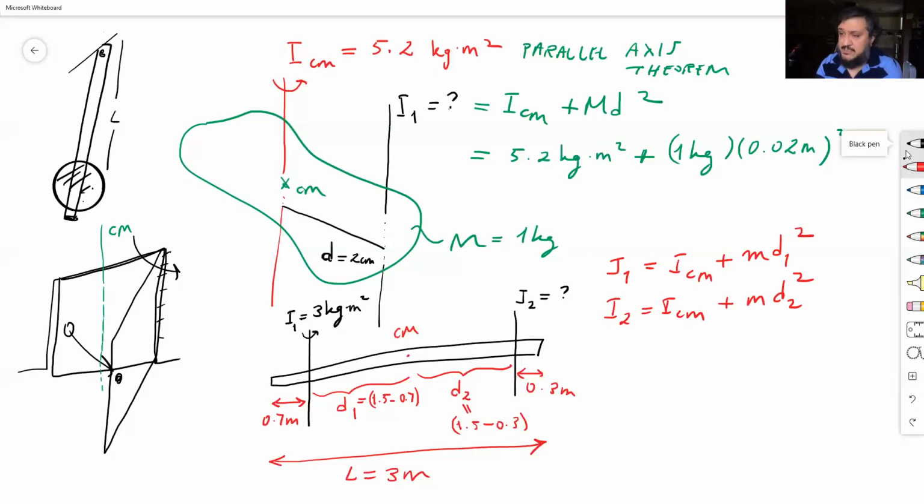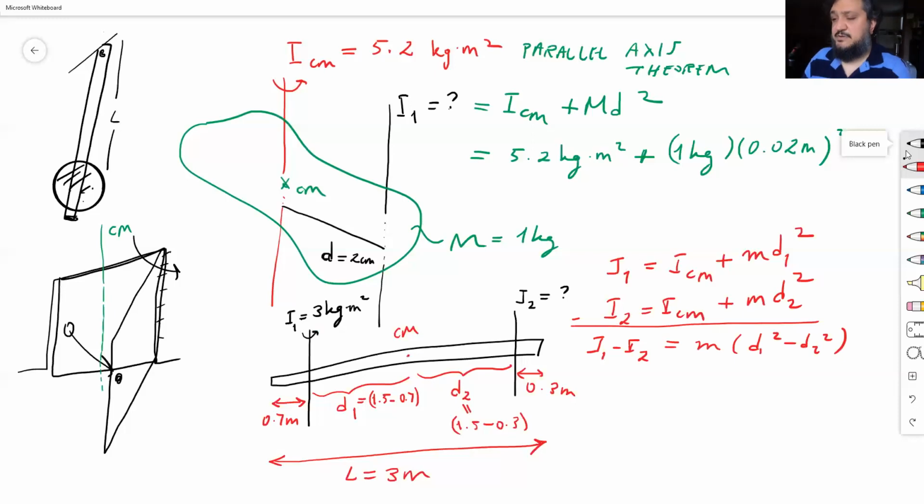But the point is, you can eliminate the thing that you don't need, which is ICM, right? So if you subtract I2 from I1, let's say, I1 minus I2 will be equal to M times D1 squared minus D2 squared.